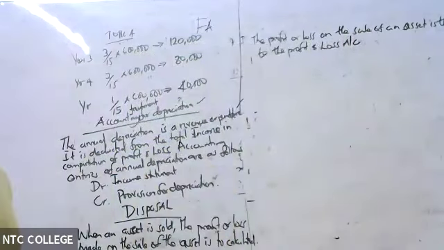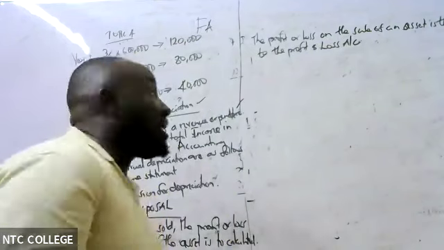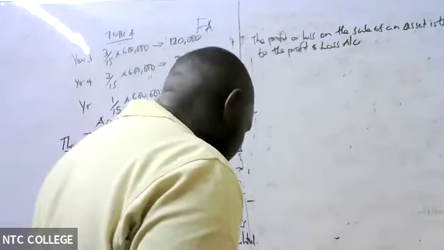So after disposing of an asset, we find whether we have disposed of it at a gain or at a loss. That loss or gain we transfer to the P&L.